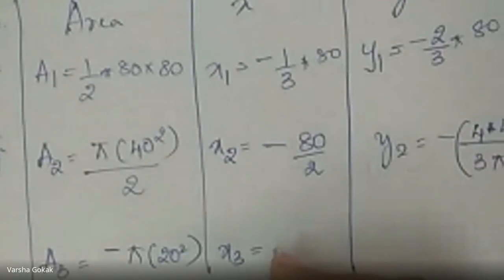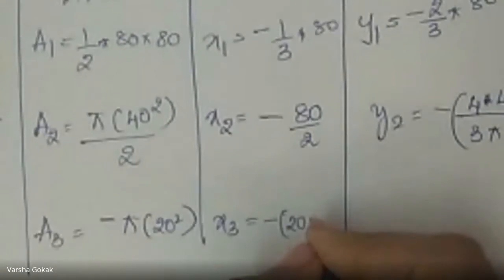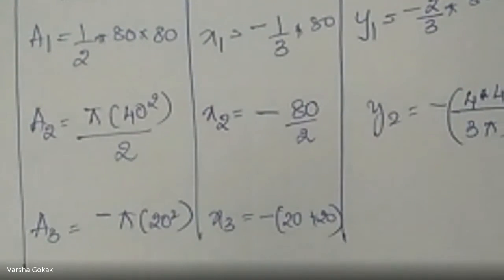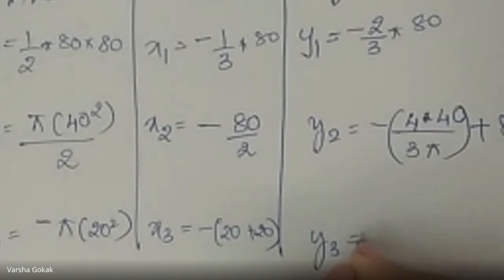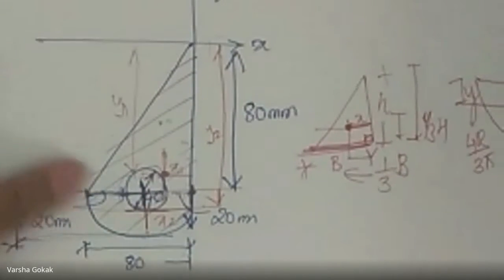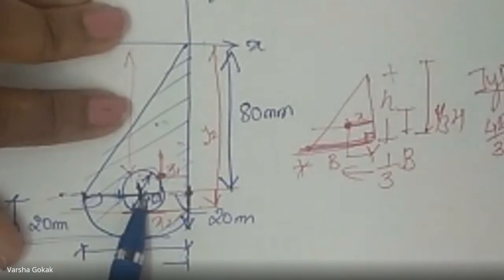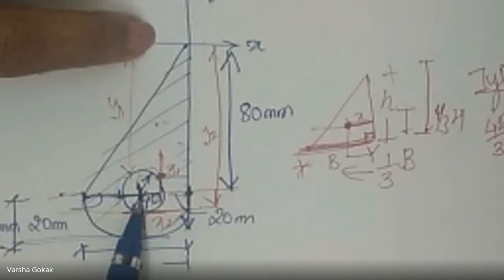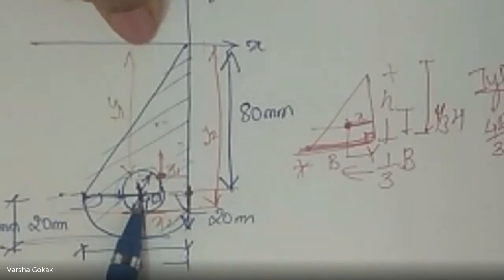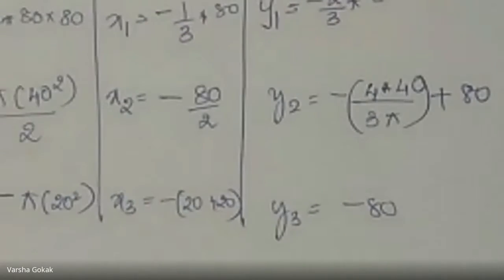So x3 is minus of 20 plus 20, right? Next, y3. Look at y. This is the CG from here to here, reference axis. I need the distance between this reference axis to this point. How much is this? 80. Right. Minus 80. Okay. So we are done with the table.